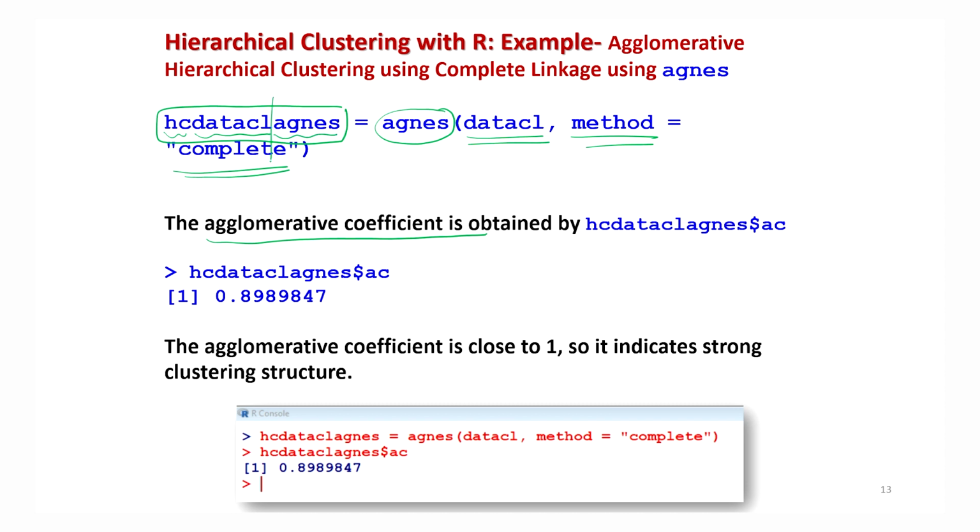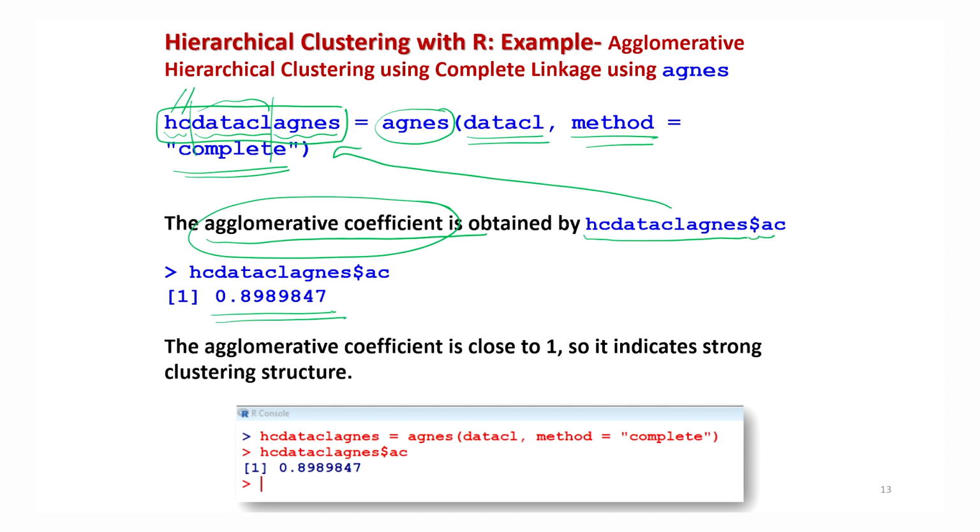This is how I have named it so that one can understand it: hierarchical clustering, data of cluster, and then the agnes method. Then I extract the agglomerative coefficient using $ac with this object. It comes out to be 0.89. As I told you earlier, if this value is closer to 1, the clustering is pretty strong. This is the screenshot of the same thing.